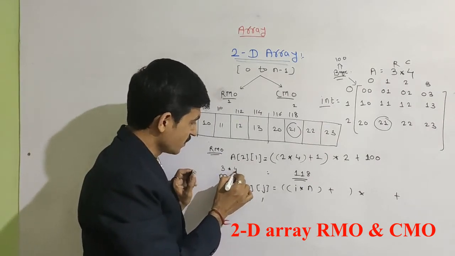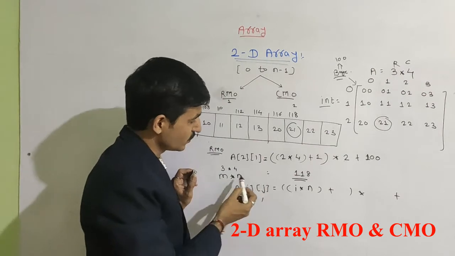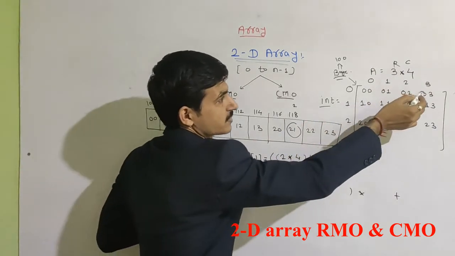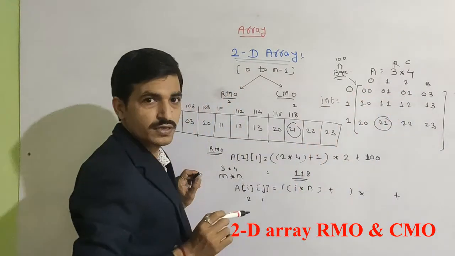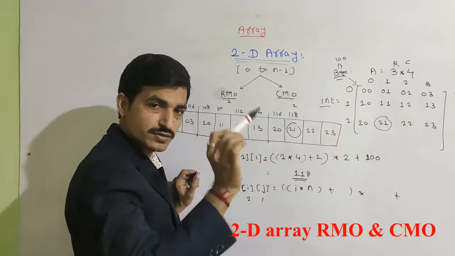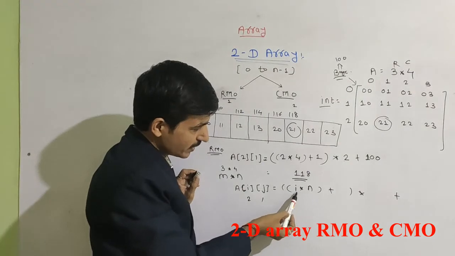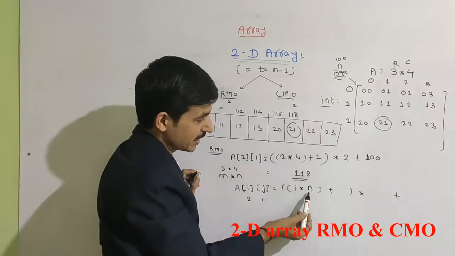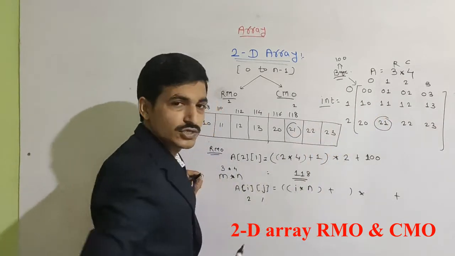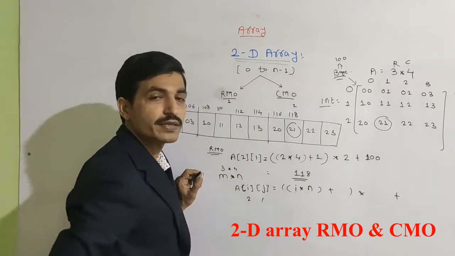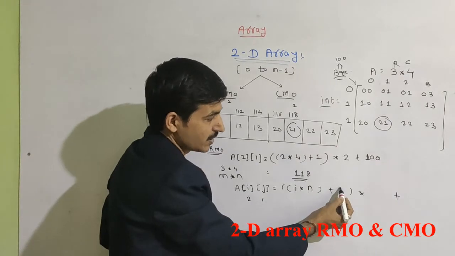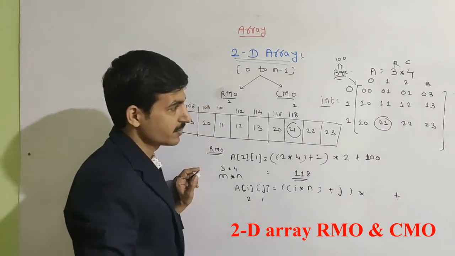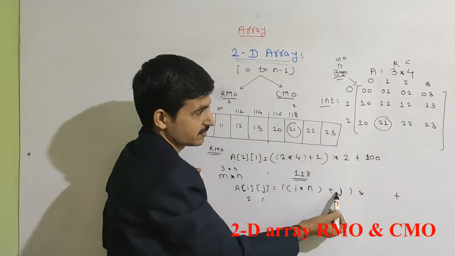So the array is 3 by 4, 4 columns are there. Each row contains 4 elements, and there are 3 rows. So i into n, where i is the number of rows to be crossed, and n is the number of elements in each row. Then the number of column elements, that is j, has to be crossed, that is 1.